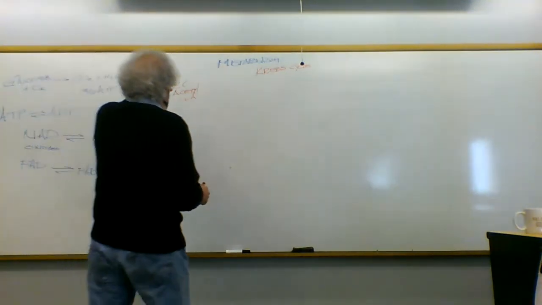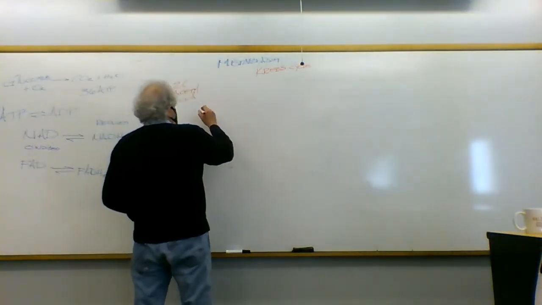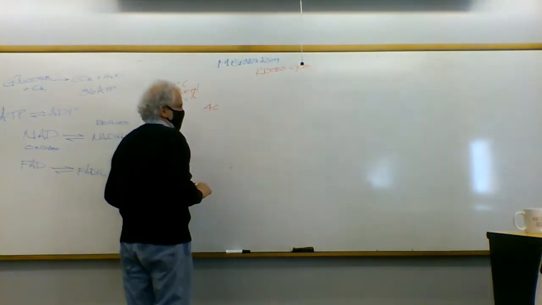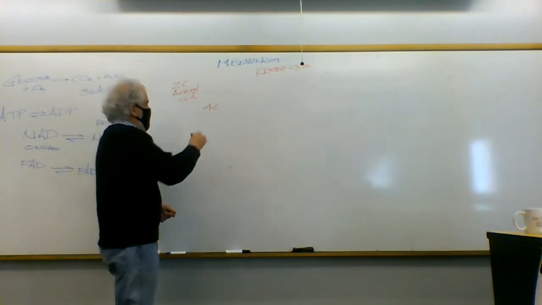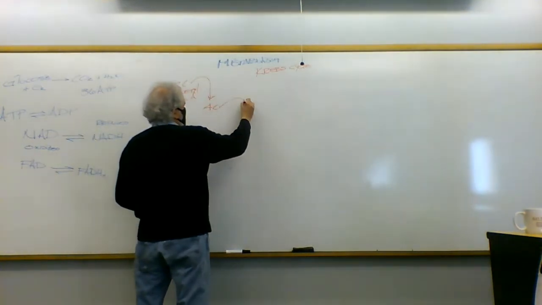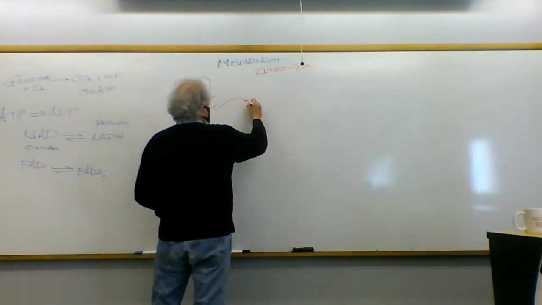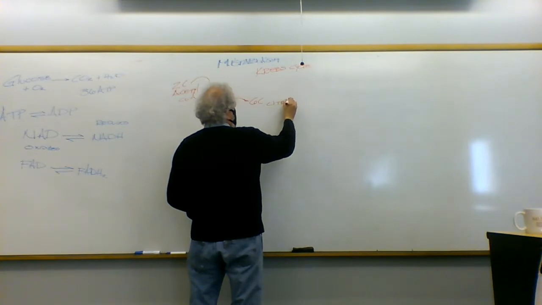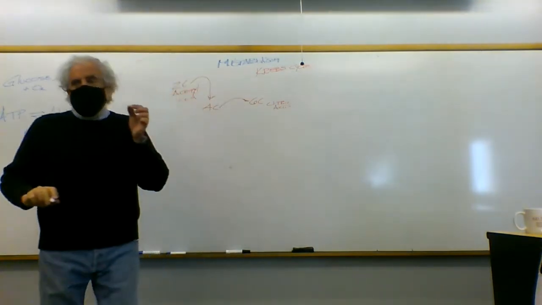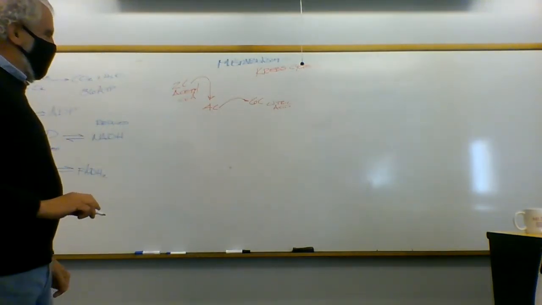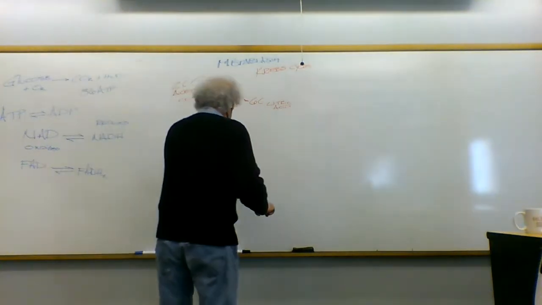So 2 carbons, acetyl-CoA. It is going to be hooked onto a 4-carbon molecule, and the resulting molecule is the 6-carbon citric acid. Now, what we're going to do is start working our way around this organic acid merry-go-round and seeing what happens.